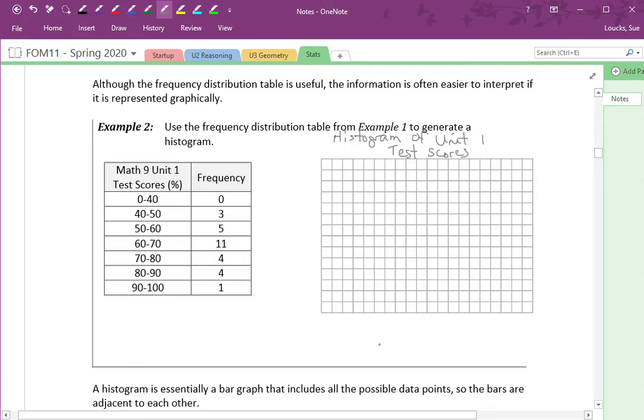And down here I have test scores. And I just happened to make the graph just the right size that each 2 tick marks is 10%. So there's 10 and 20. And then up this side, I'm not going to try and write it sideways.